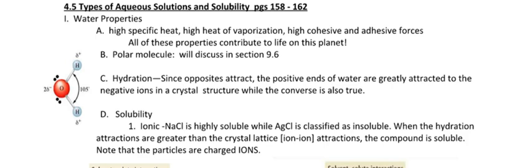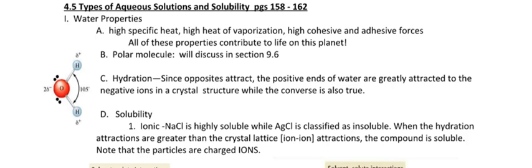So really, water properties: it has a high specific heat. That means it absorbs a lot of energy before it gets hotter. It has a high heat of vaporization, meaning it takes a lot of energy to go from a liquid to a gas. High cohesive and adhesive forces talk about the intermolecular attractions that we're going to talk about later on, like the polar molecule, that's section 9.6.